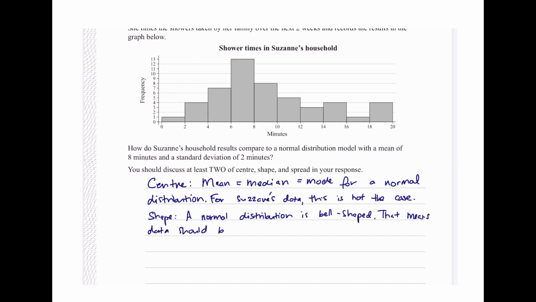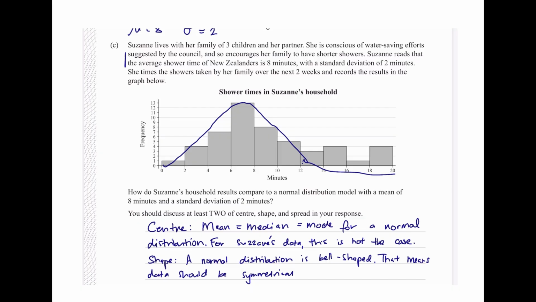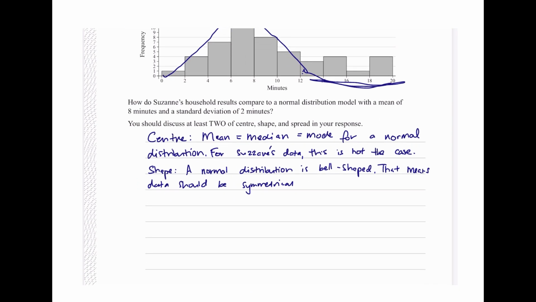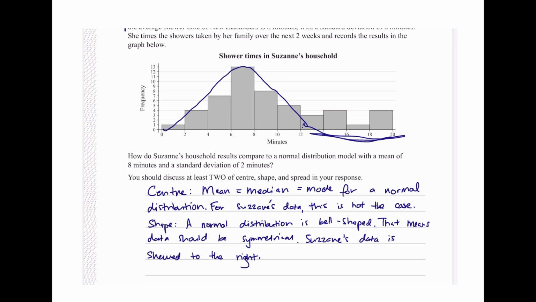But if we take a look at Suzanne's data, you can see that we've got this bell shape going on, but then it should theoretically stop here, but it keeps on going. So we say we've got the skew, and it's definitely skewed to the right. So we'll say Suzanne's data is skewed to the right.